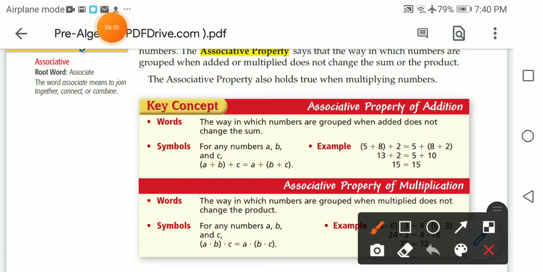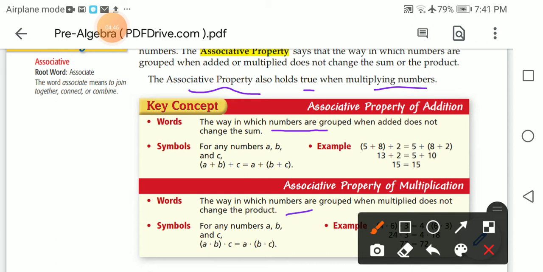To make a group, it's the associative property. The associative property also holds true when multiplying numbers. So here is the key concept: the way in which numbers are grouped when added doesn't change the sum, and also doesn't change the product, right? I can hear you.